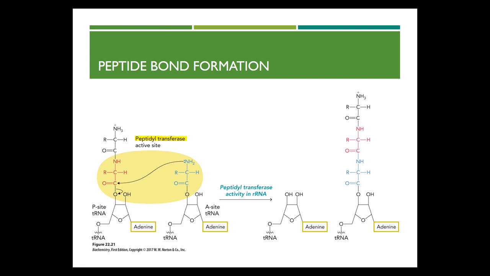Peptidyl transferase, found in the 50S subunit, catalyzes a transpeptidation reaction in which the amino nitrogen of the aminoacyl group in the A site nucleophilically attacks the ester bond that links the peptidyl group to the P site transfer RNA.